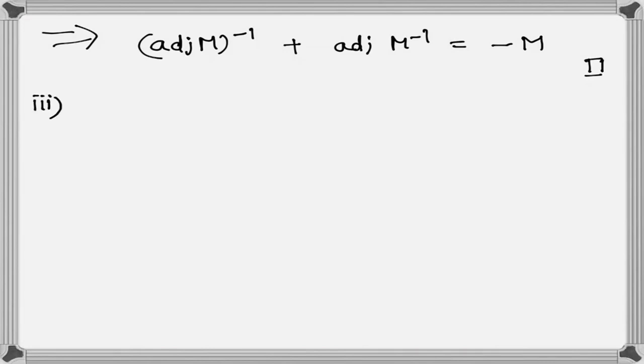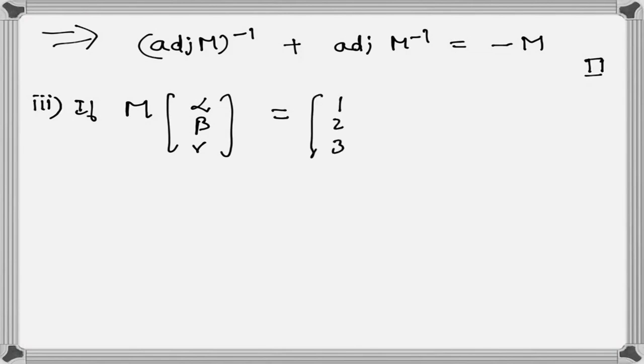Okay, so now let's go back to the third part. Let's solve the third one. The third one says that if M times alpha beta gamma is equal to 1 2 3, then alpha minus beta plus gamma is equal to 3.